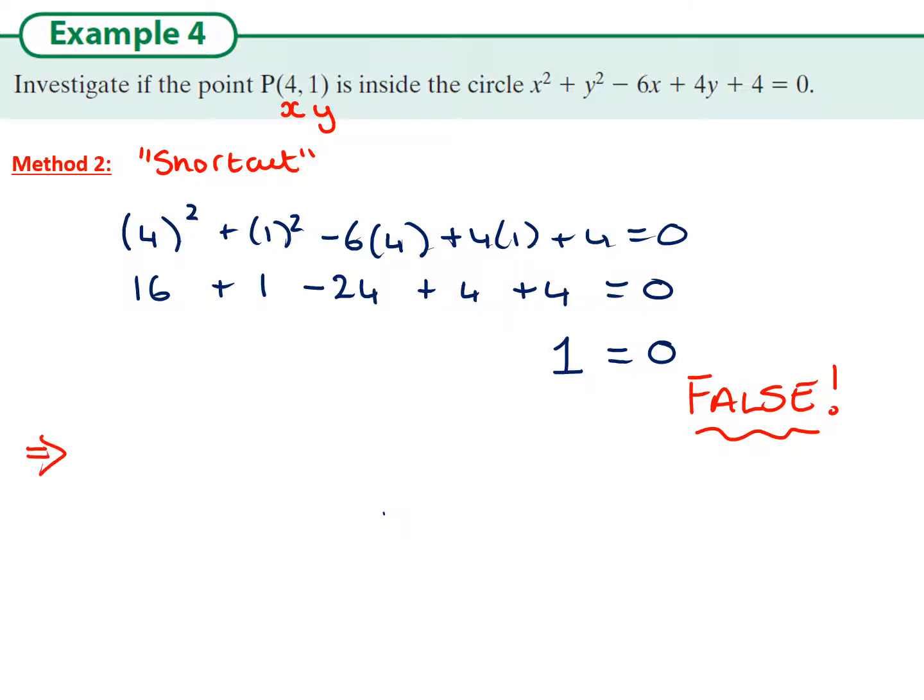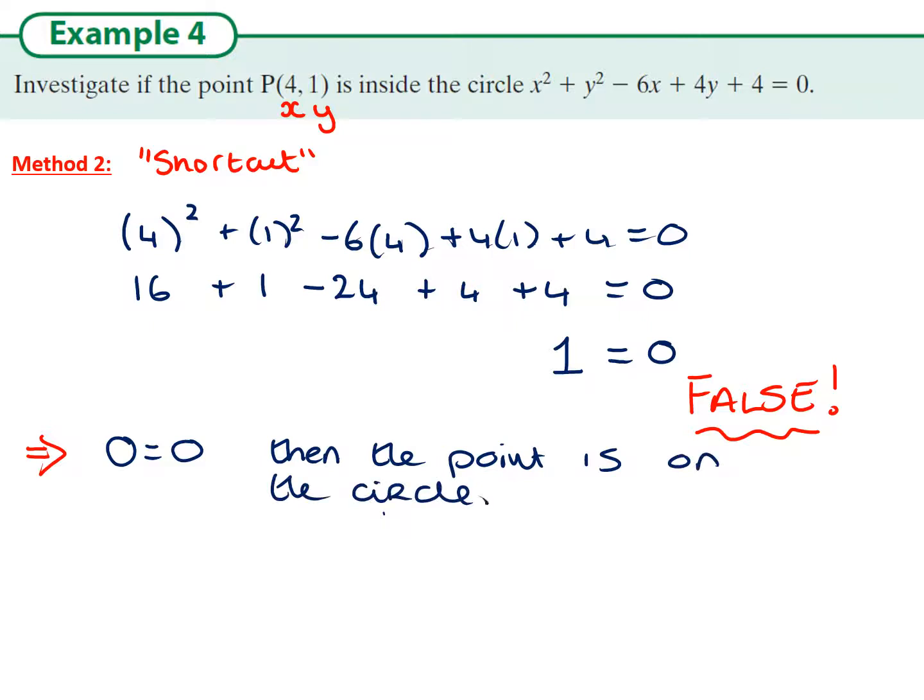Scenario 1 would be if we got 0 equals 0, then the point is on the circle. There are 2 more scenarios that can happen. The second scenario is the one like we got, that the left hand side is positive.